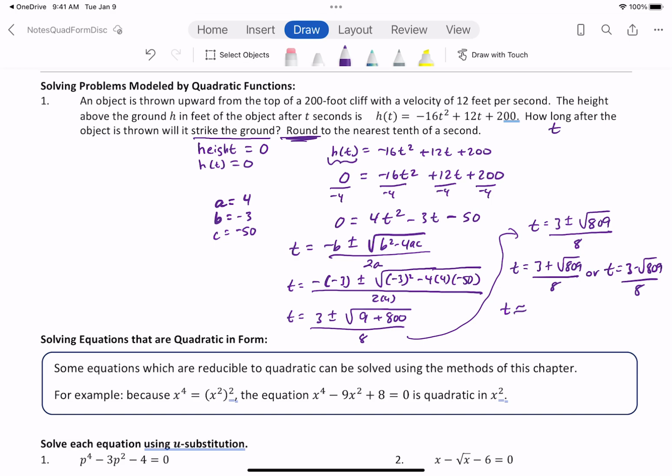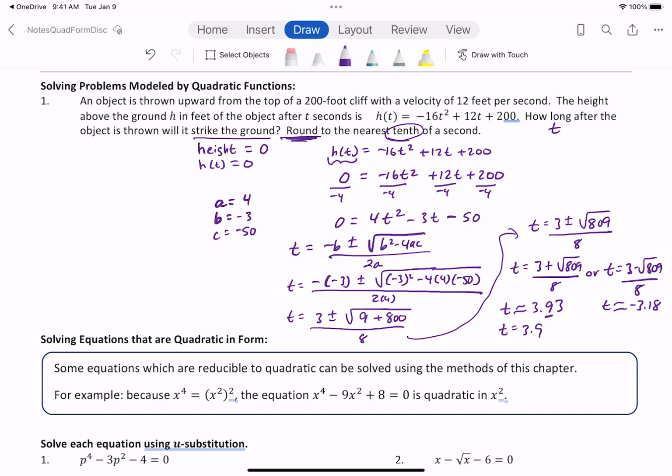And I got 3.93, which to the nearest tenth would just be 3.9. And my second one, if I entered 3 minus square root of 809 over 8, I got -3.18.